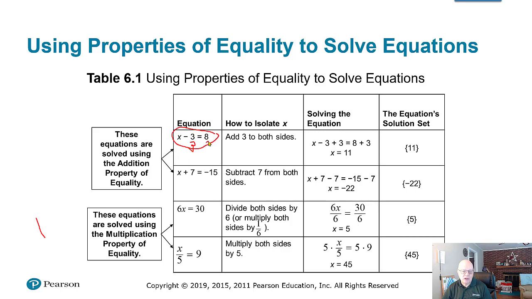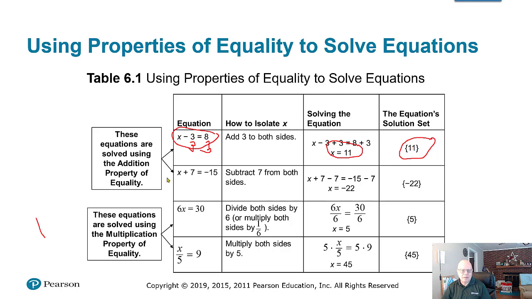And of course, you have to add the same thing to both sides. Add 3 to that side, you end up with x equals 11. And this is what the solution set looks like. All it means is use braces, and whatever solutions you get or roots you get for your equation, you put them inside the braces. That's what a solution set is.